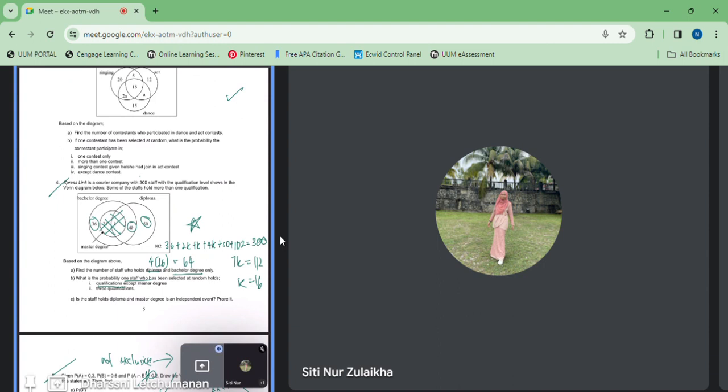Okay, so if I'm not mistaken, we have to do it like this: 36 over 300 plus 50 plus 64, 114 over 300 minus 64 over 300. I think that's how it's done.